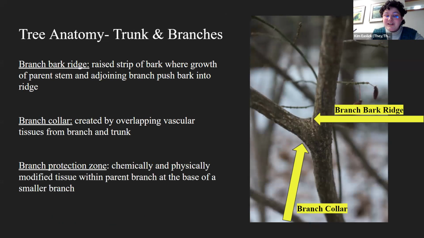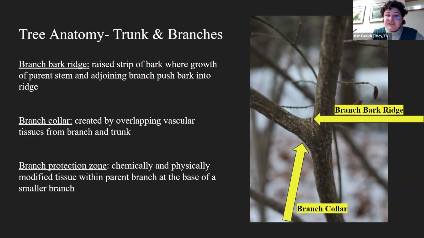Now to continue moving up the tree, we have the trunk and the branches. The branch bark ridge is the raised strip of bark where the growth of the parent stem and adjoining branch push back into the ridge. The branch collar is created by overlapping vascular tissues from the branch and the trunk, and the overlapping wood at the branch collar makes the branch union stronger for the tree.